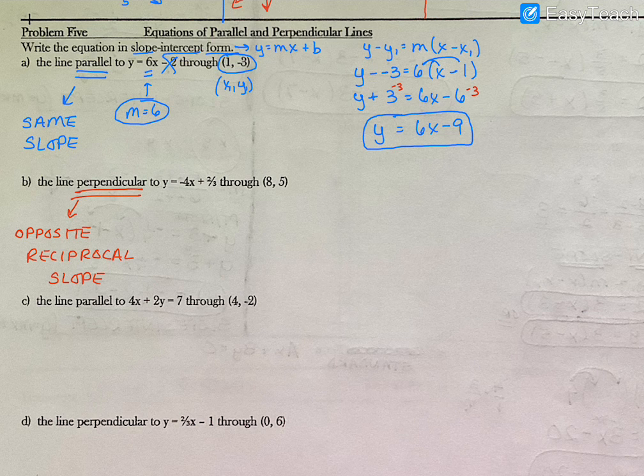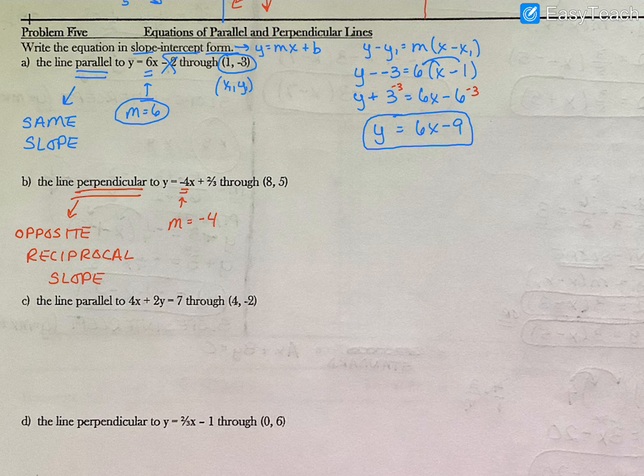So let's look at our given information here. First of all, we're given the equation y equals negative 4x plus 2/3. Notice it's in y equals mx plus b form. So the given slope is m equals negative 4. If it was parallel, we would use that. But it's not parallel. In this case, it's perpendicular.